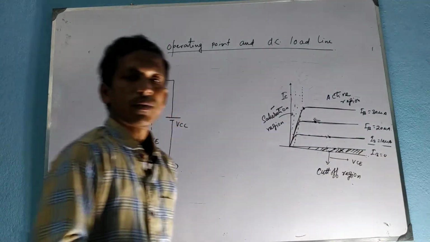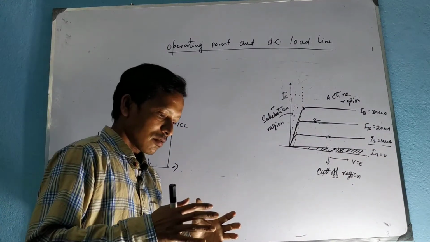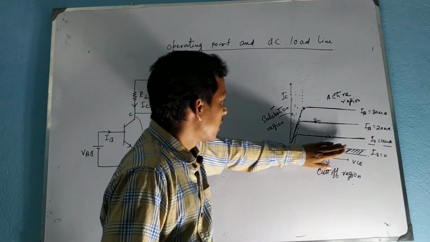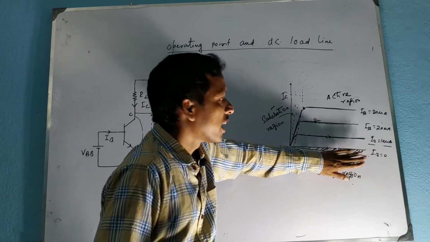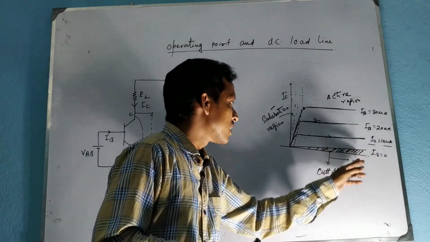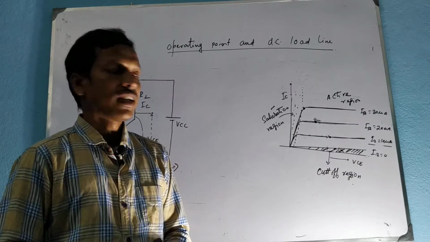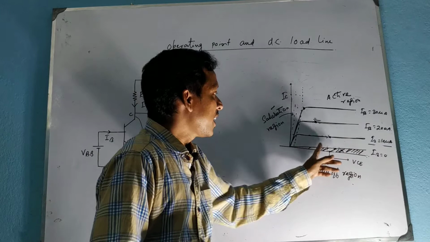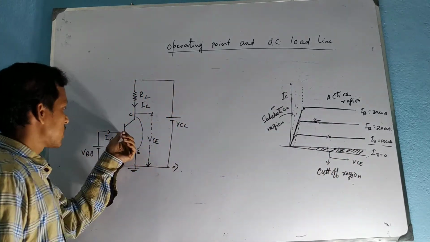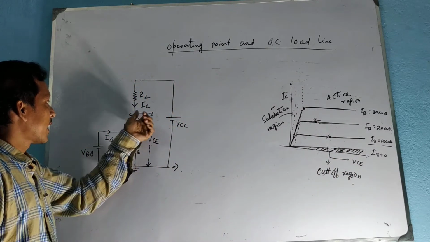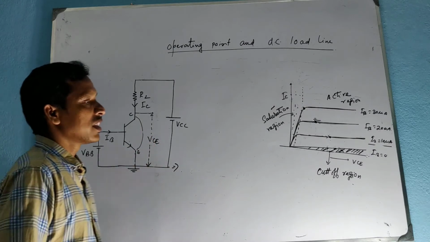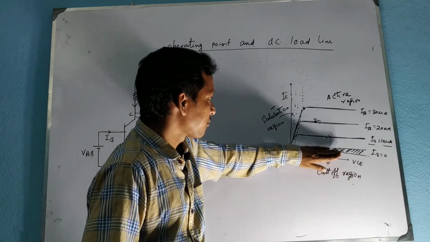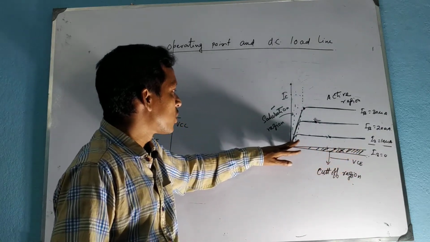And when the base current is 0, the input junction of the transistor remains in the reverse bias condition, and this region is called the cutoff region, where the transistor is acting. In this region both junctions, the base to emitter junction and the collector to emitter junction, remain in the reverse bias condition, and the collector current is almost 0.